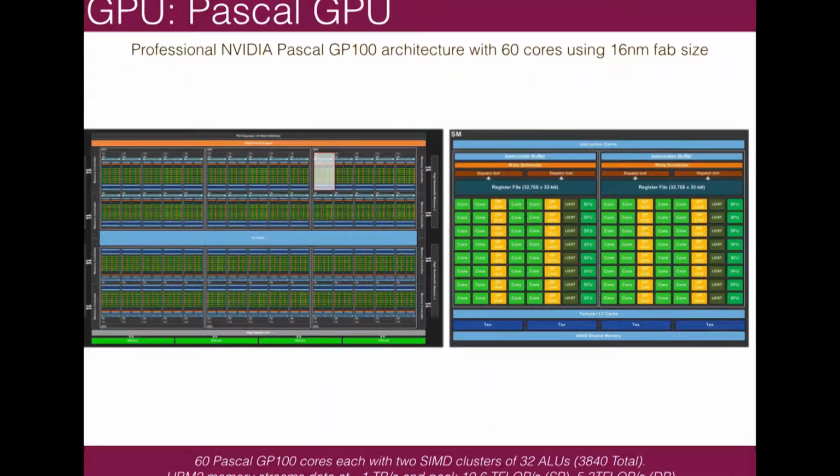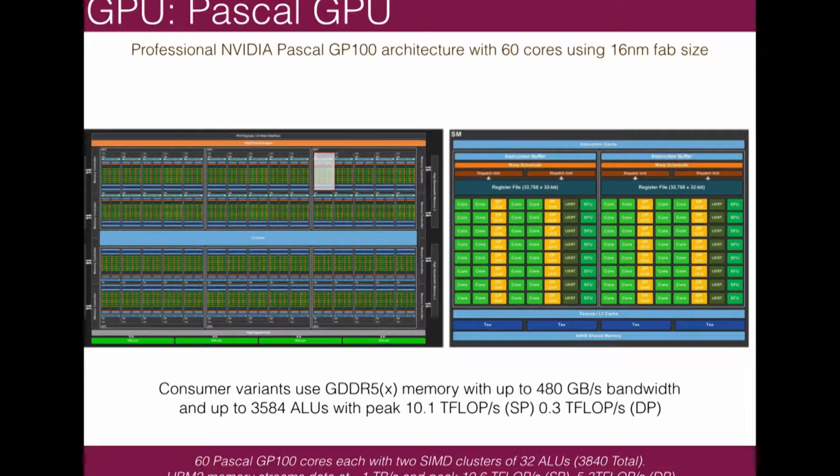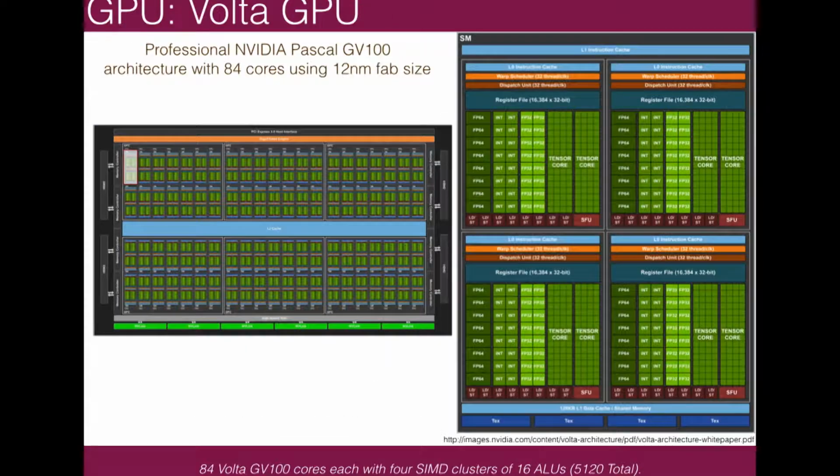Each core has 64 single precision, but it also has 32 double precision floating point units. This is when Nvidia starts to really matter in HPC, because they delivered a performant double precision processor. And it could get to 10 teraflops or something like that in single, and about 5 teraflops in double.